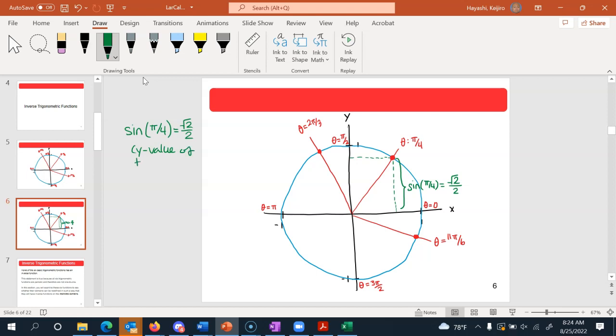The sine is the y value of the point on the unit circle associated with that angle. Right, so the sine is always the y value of the associated point.